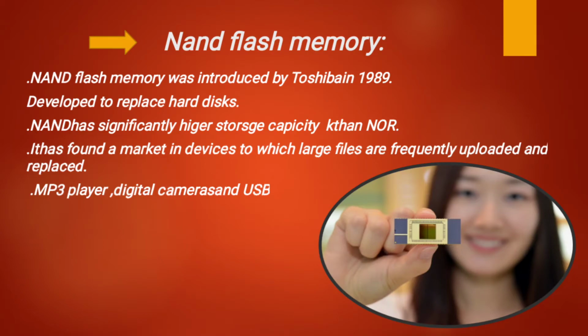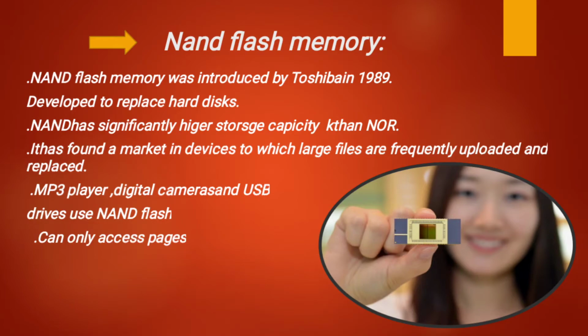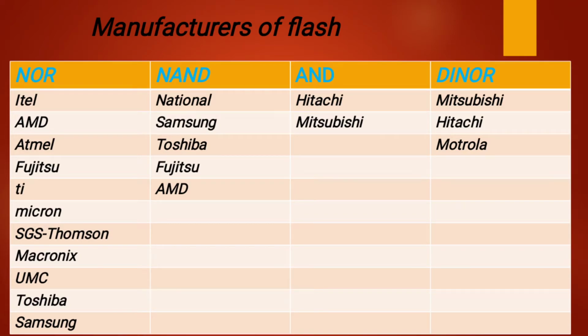They are used in MP3 players, digital cameras, and USB drives. Pen drives and memory cards all use this kind of flash memory storage. It can only access pages, with faster sequential access.